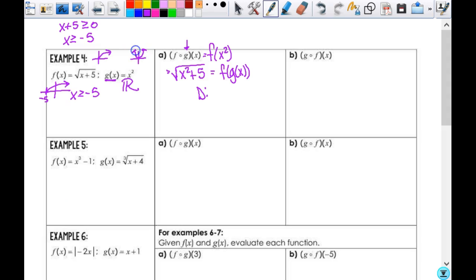Bam. Right? So my range there is from 0 to infinity. Does 0 to infinity live in this domain? Yes, it does, right? If x has to be greater than or equal to negative 5, 0 to infinity is greater than or equal to negative 5. Does that make sense to you? Okay, because these y values become these new x values. So since these g of x values all live inside of here, then I'm good, and my domain is all real numbers.